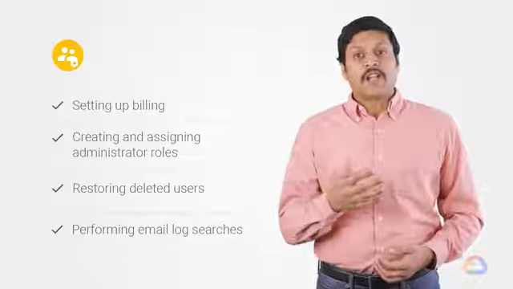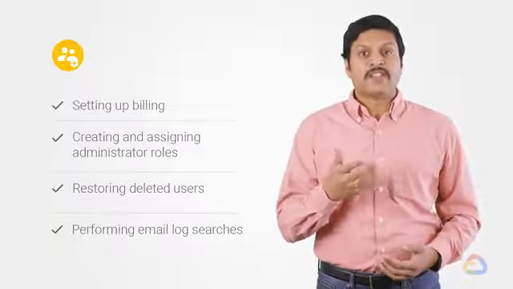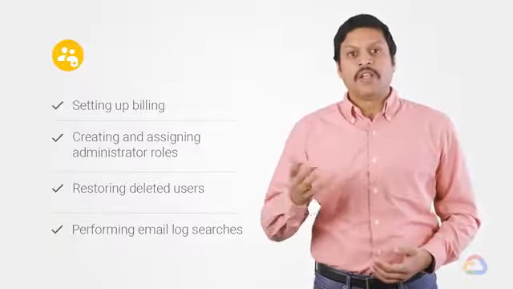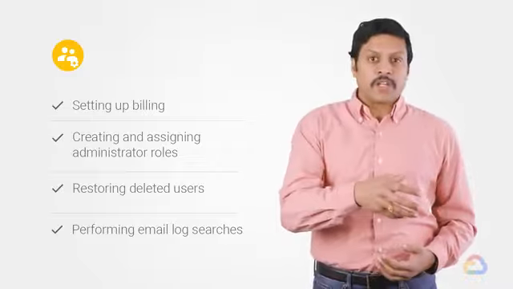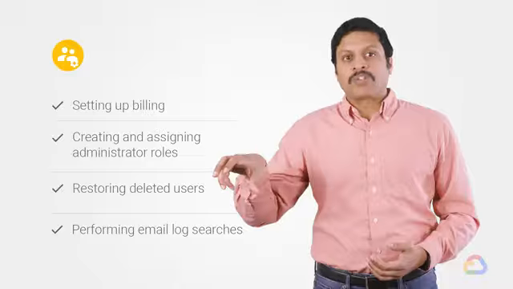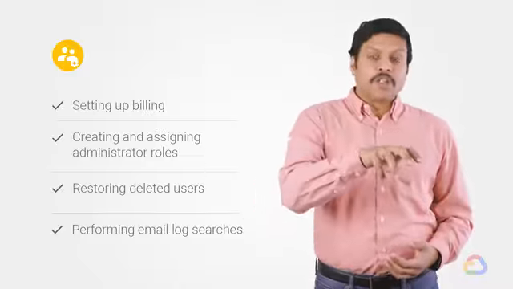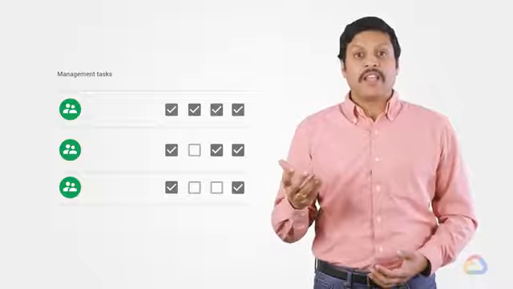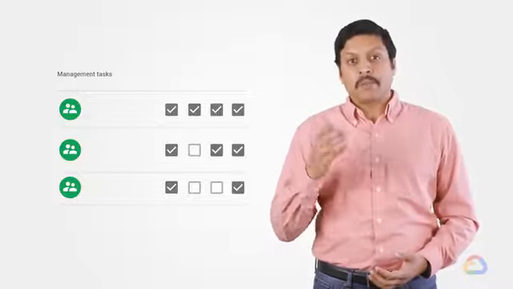Or you can assign a role that limits which tasks the administrator can perform, like allowing them to only create groups or manage service settings or reset a user's password. Along with Cloud Identity's out-of-the-box admin roles, you can create custom roles. Each custom role can include one or more admin privileges that let the delegated admin perform specific management tasks in your admin console.